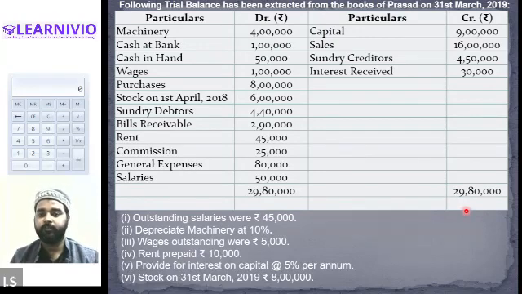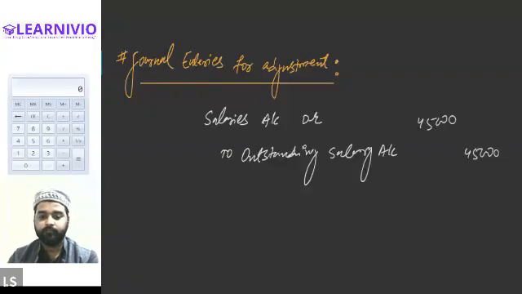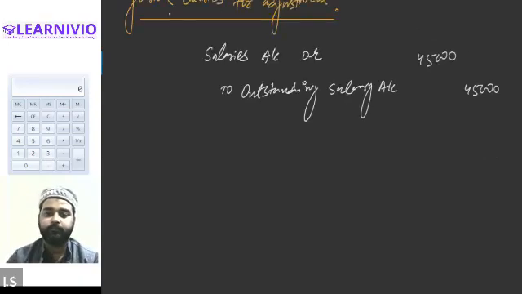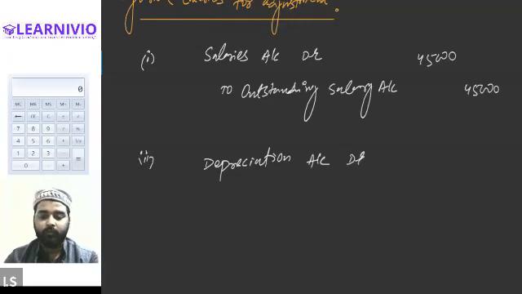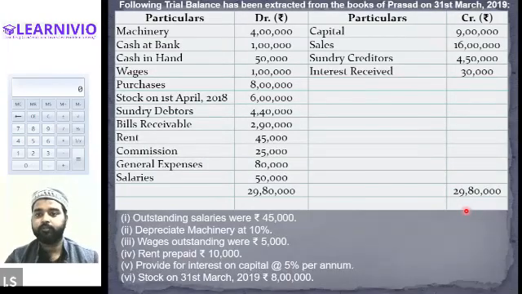Journal entry for this will be, any idea? This journal entry is very simple. For the second additional item, depreciation account debit. Depreciation account will be debited, and depreciation will be charged on machinery.